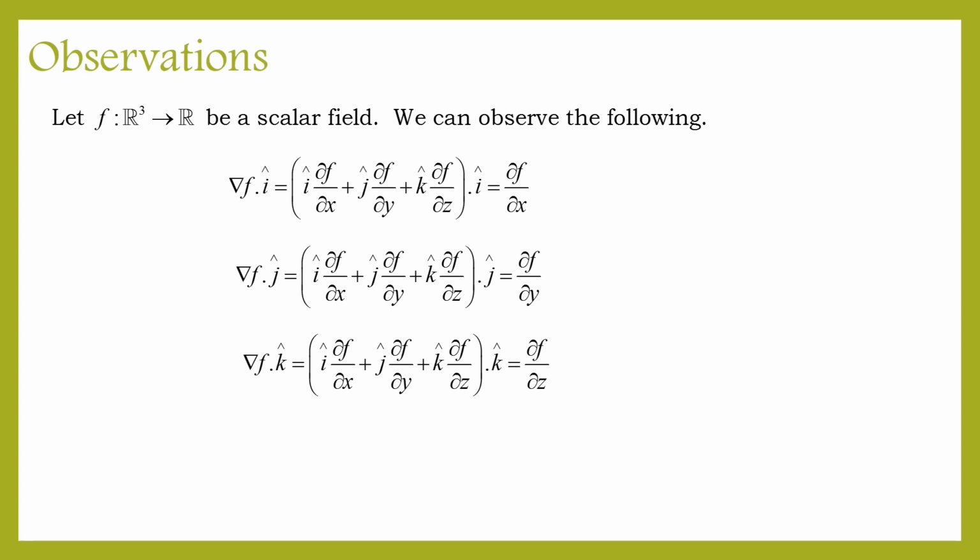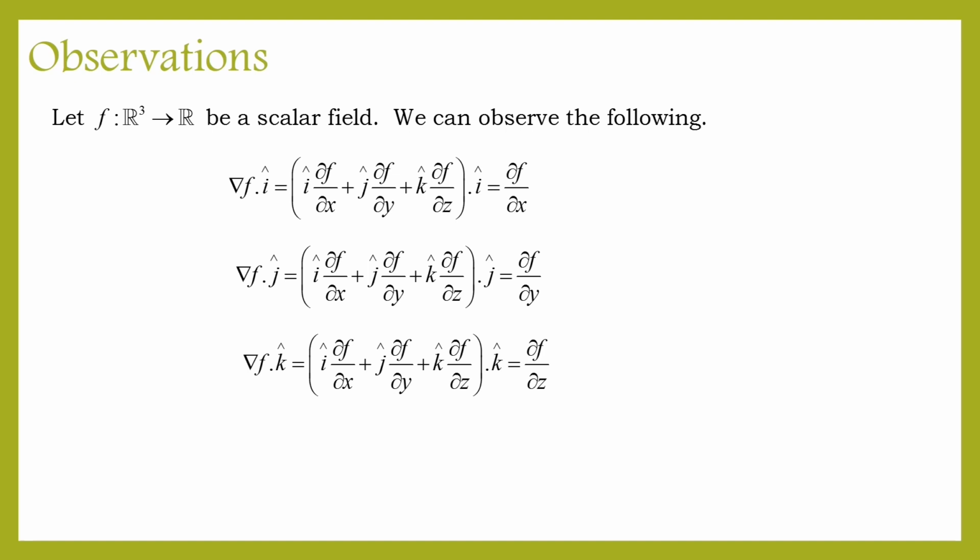If you find del f dot i cap, then del f dot i cap equals i cap dou f by dou x plus j cap dou f by dou y plus k cap dou f by dou z dotted with i cap, which gives us dou f by dou x. Similarly, del f dot j cap gives us dou f by dou y, del f dot k cap gives us dou f by dou z.